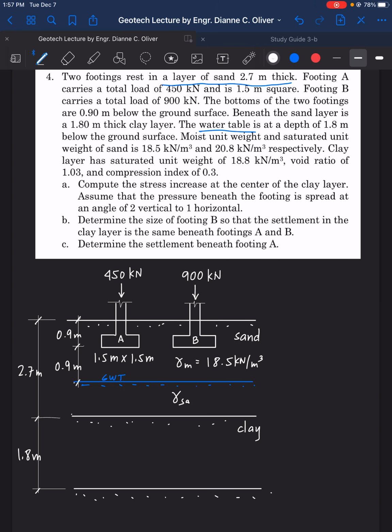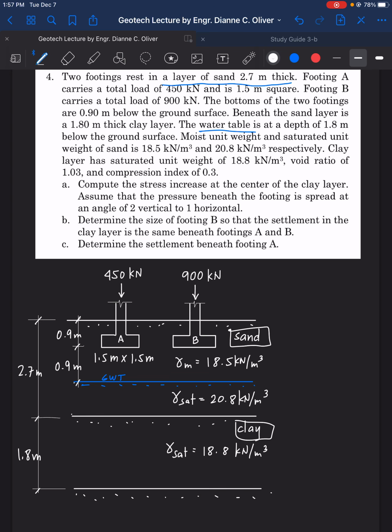Gamma sat of sand is equal to 20.8 kilonewton per cubic meter. Clay layer has saturated unit weight of 18.8 kilonewton per cubic meter. So gamma sat is equal to 18.8 kilonewton per cubic meter. Right? So we have here the sand, we have here the clay.